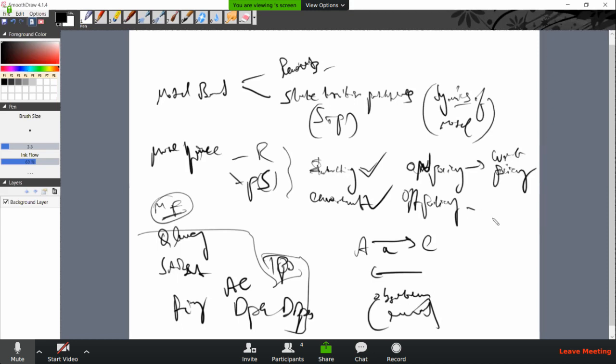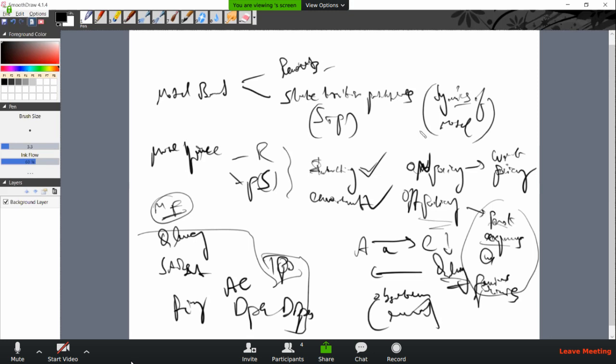Off policy is nothing but it will use past experience or previous policies. Those previous policies it will also use for updating the present policy. Your Q learning is off policy, but SARSA is on policy. What exactly on policy and off policy are, we will see later.